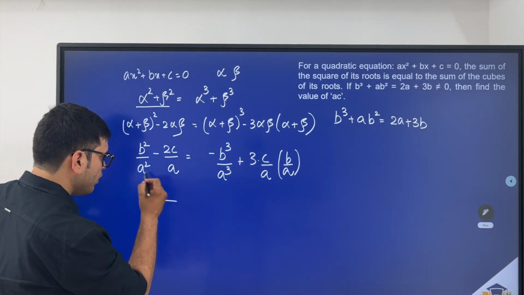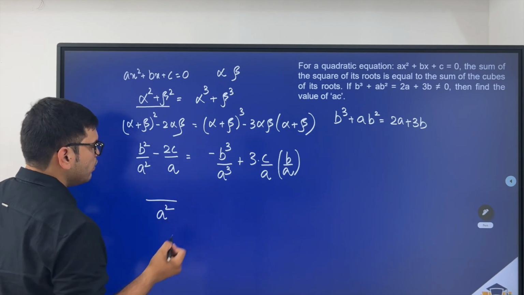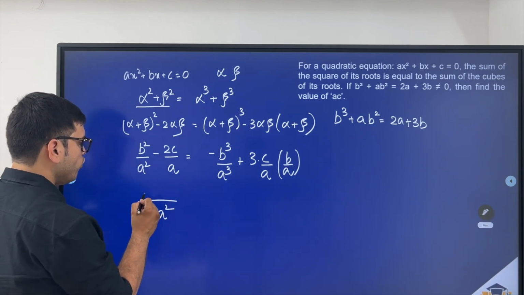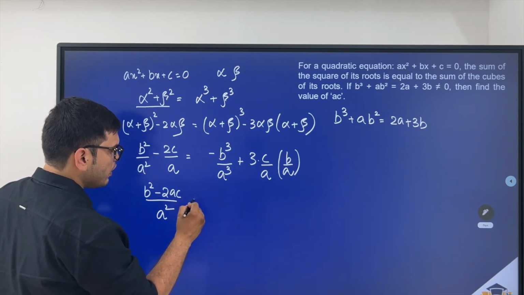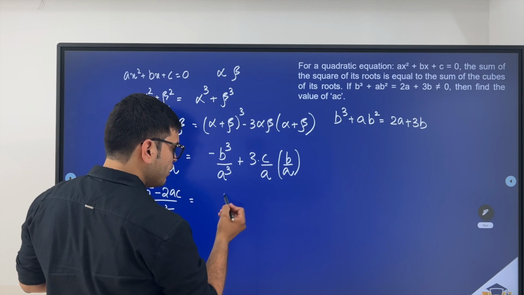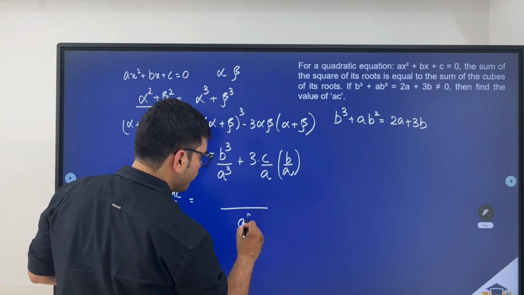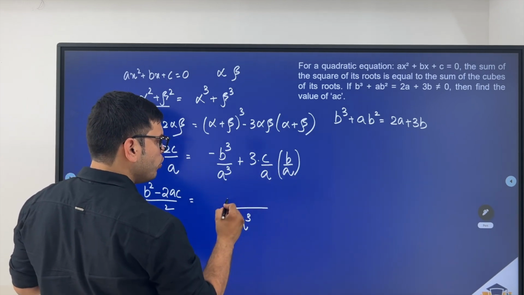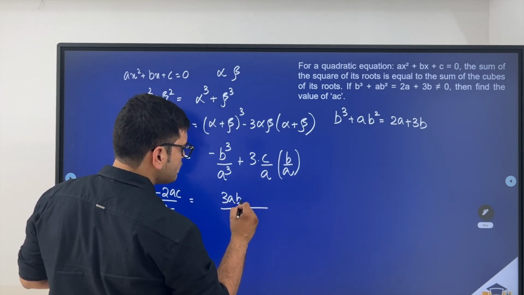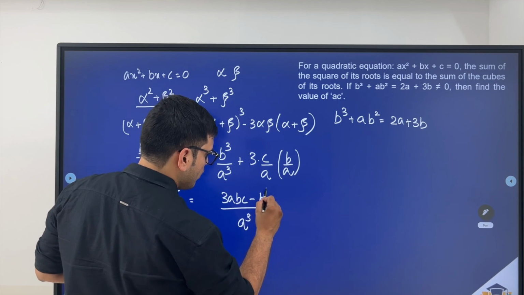Now here I can take the LCM to be a square, then you will have b square minus 2ac is equal to, here the LCM would be a cube, then 3 into abc minus b cube.